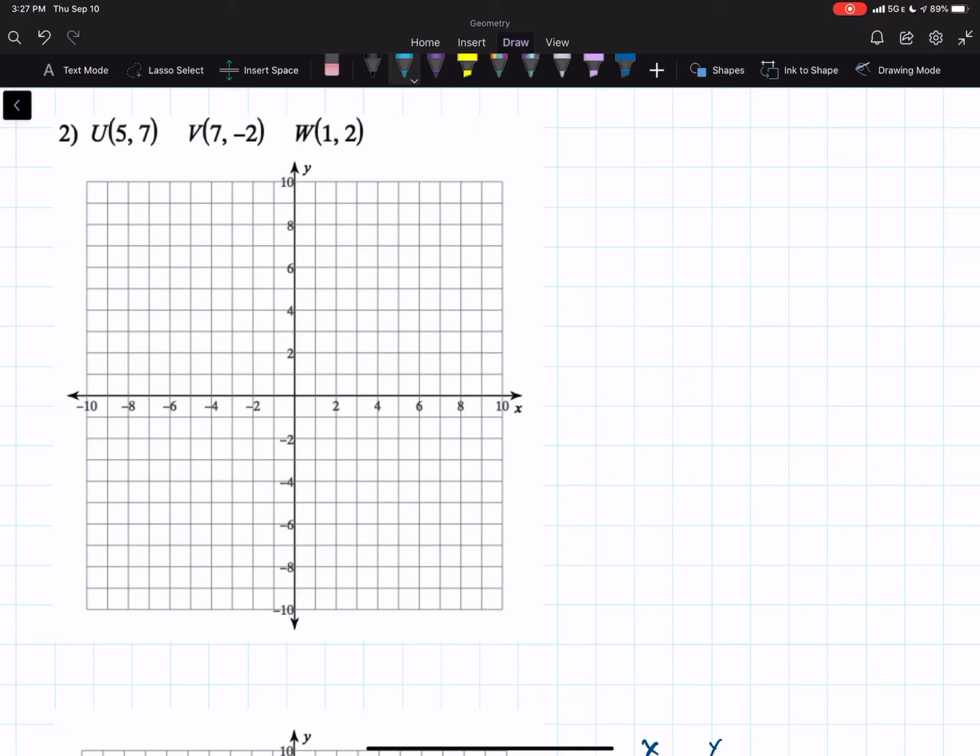Over 5, up 7, you would be right here for point U. Be careful with U and V. Those are not very good names for points because they're hard to tell the difference between. So over 7 down -2 would be V. And over 1, up 2, right there, W. So those should be your points for number 2.